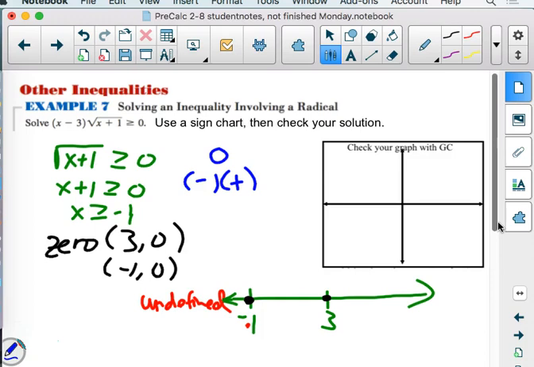So that's going to be negative. Now a nice number to the right of 3. Yeah, let's put a 4 in there. If we put a 4 in here, this is going to be positive, and this has to be positive. Aha! Interesting.